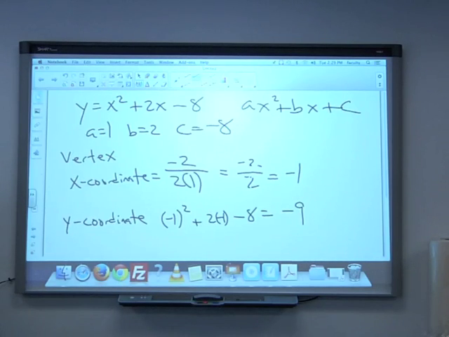So given a quadratic like this, okay, not anything bigger, you should be able to tell what's going on in terms of quickly coming up with a rough graph of what's happening. You can plot the x-intercepts, you can plot the y-intercept, and you can find the coordinates of the vertex.